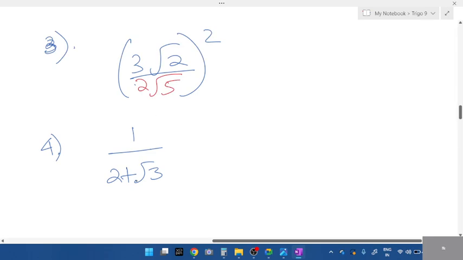It's in the denominator, right? So how will you rationalize this? Both of you will respond. With what do I have to multiply? Very good. 2 minus root 3. Complete this. Make a note of this. The question is rationalize the denominator.